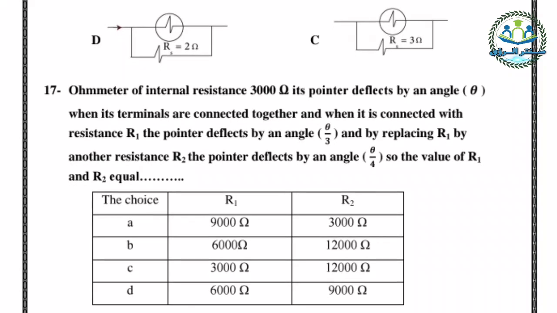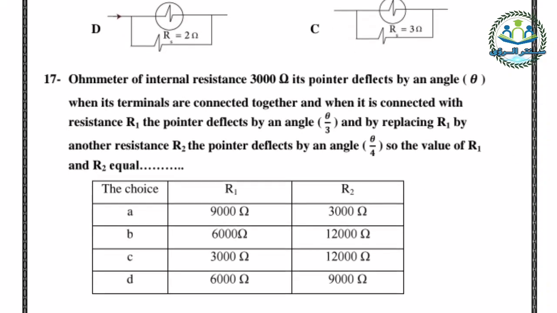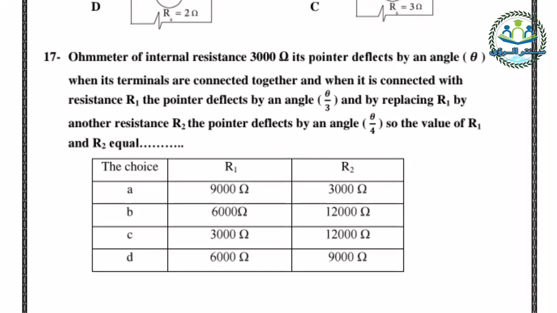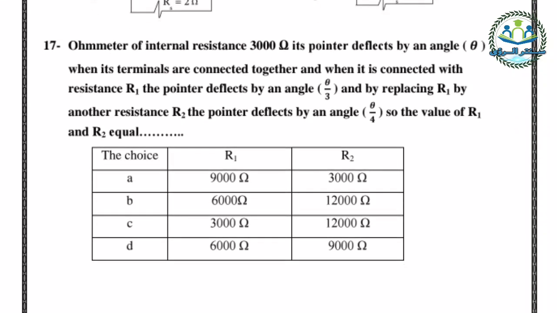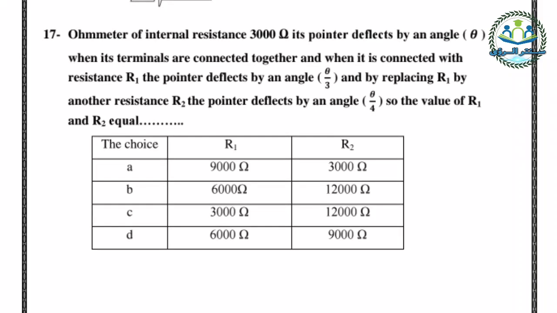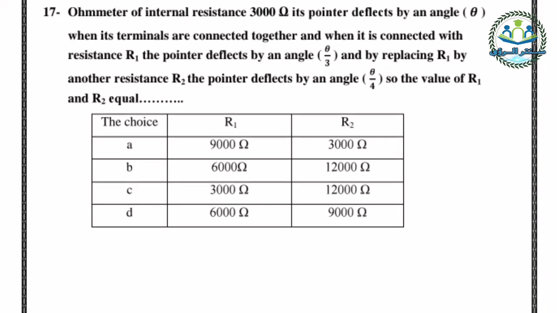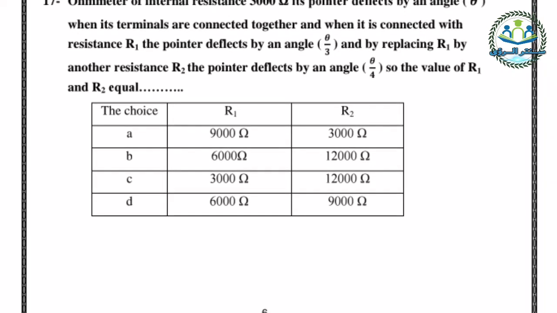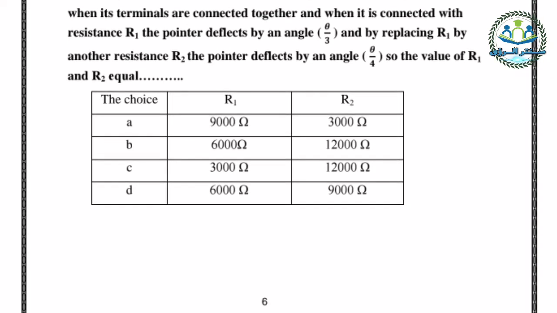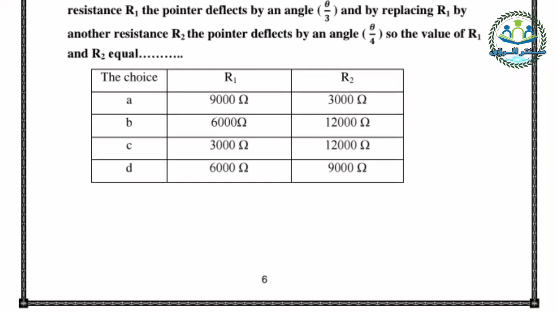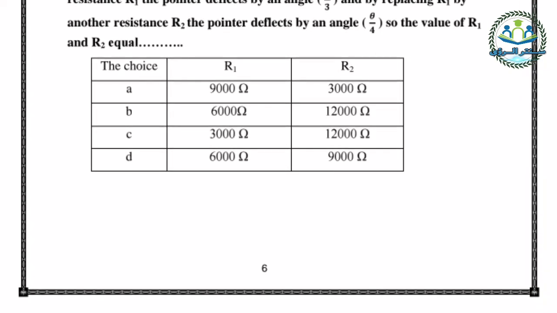So the values of R1 and R2 equal ... The choices R1, R2: A. 9000, 3000. B. 6000, 12,000. C. 3,000, 12,000. D. 6,000, 9,000.